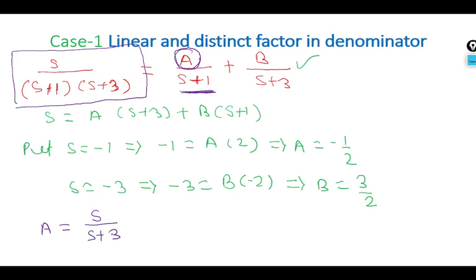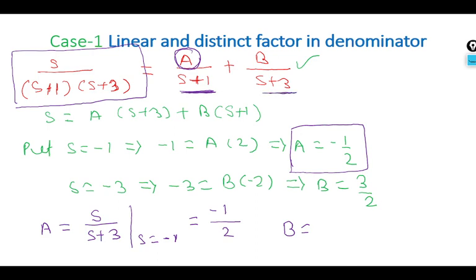Then we put s equal to the value obtained by equating the denominator of a to 0. So s plus 1 is 0, so s is minus 1. Putting s equal to minus 1, we get minus 1 divided by (minus 1 plus 3). Minus 1 plus 3 is 2, so we get the value of a as minus half, the same as before.